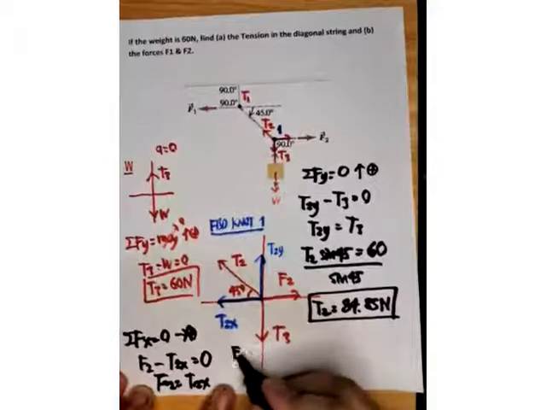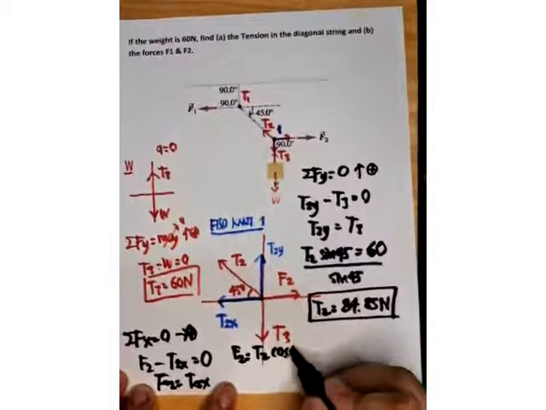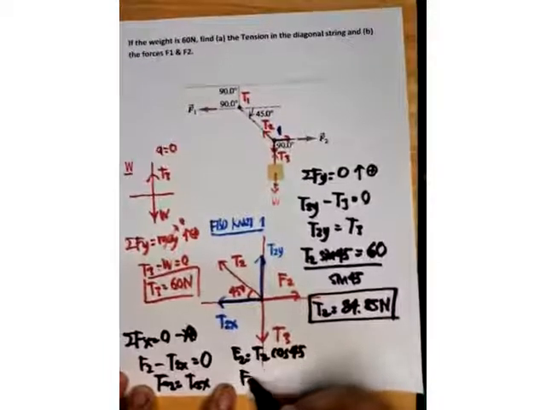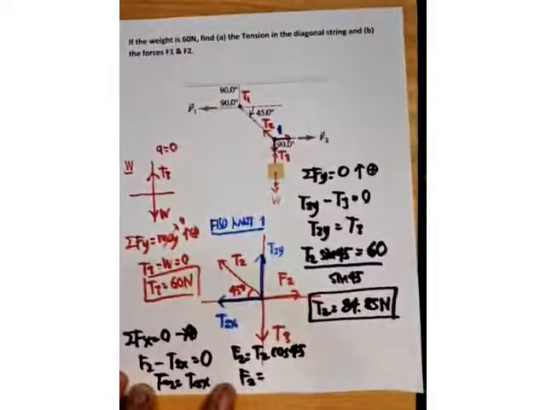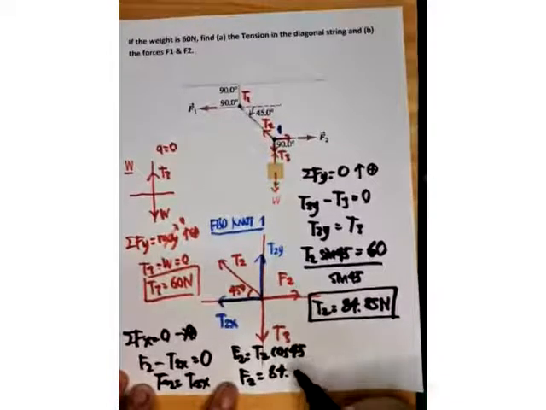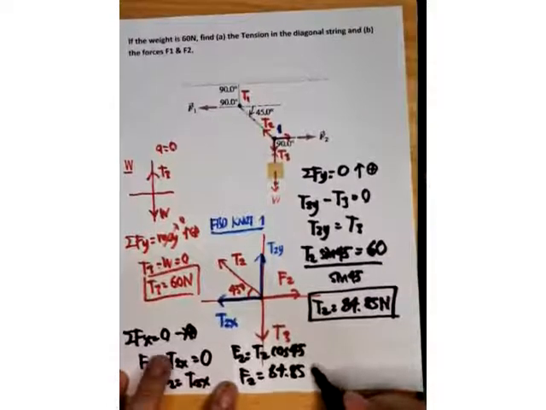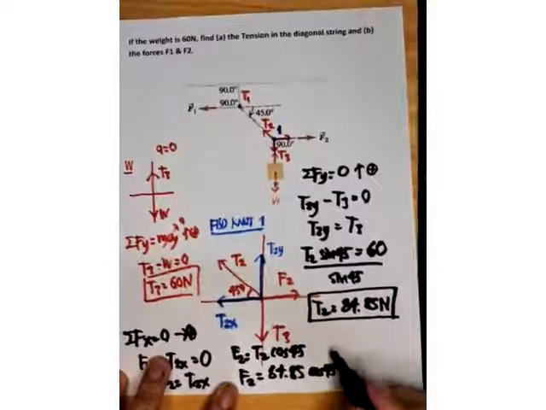Ayan. So F2 is equal to T2 times cosine 45. So F2 is equal to 84.85 cosine 45.